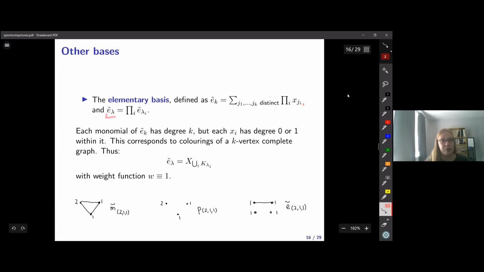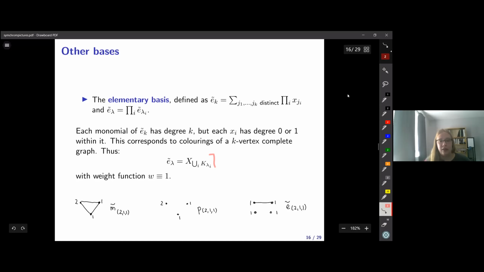And now to make the thing for lambda, instead of just for one integer k, I'm taking the product, which means I'm taking the disjoint union. So the E basis for e_lambda is just the disjoint union of complete graphs. And this time, the parts of lambda aren't vertex weights, because all the weights are 1, but they are the sizes of the complete graphs that I take the unions of.